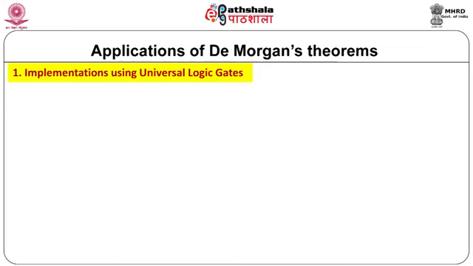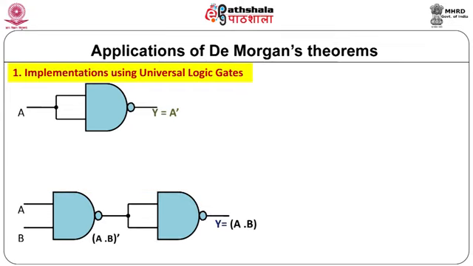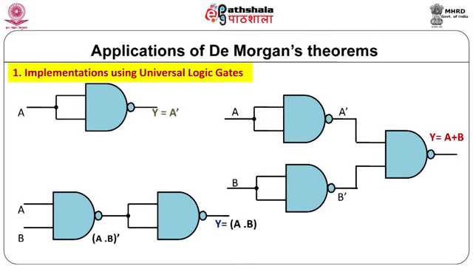For the implementation of NOT gate, we require a single NAND with shorted input, whereas implementation of AND gate requires 2 NAND gates, whereas in case of OR gate we require in all 3 NAND gates. One can prove this using Boolean algebra and De Morgan's theorem.